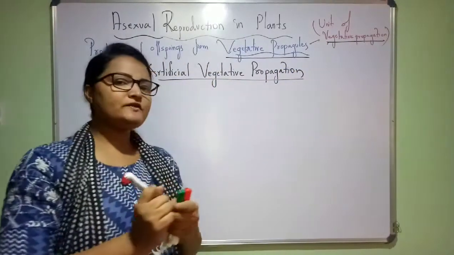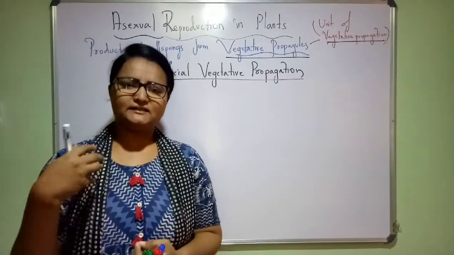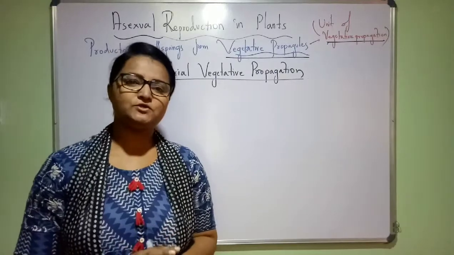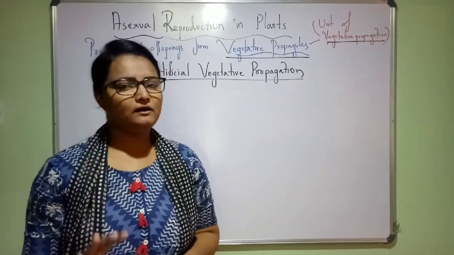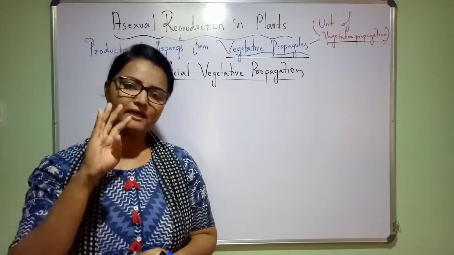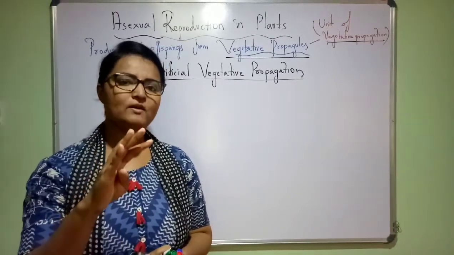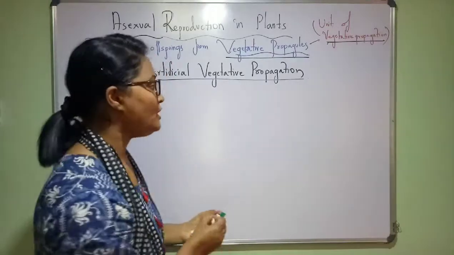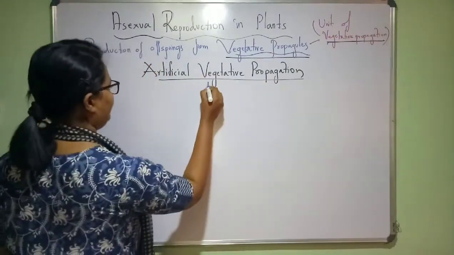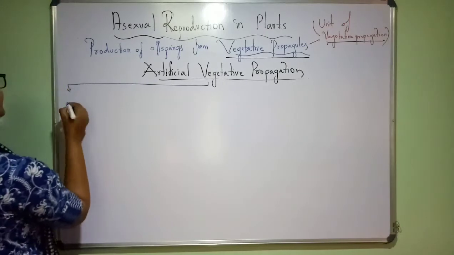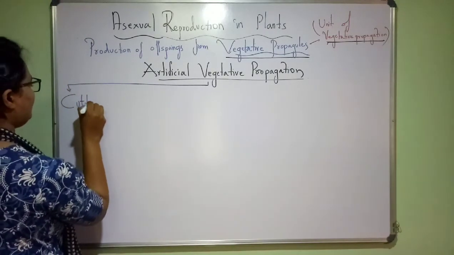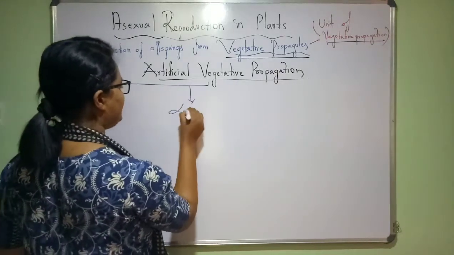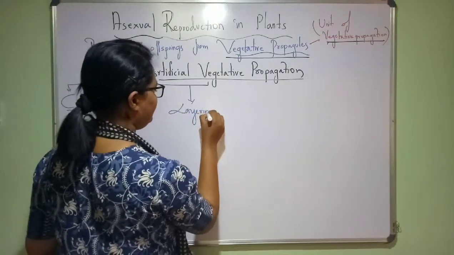There are many methods of artificial vegetative propagation. Today we are going to discuss only four. First one, cutting. Next one, layering.